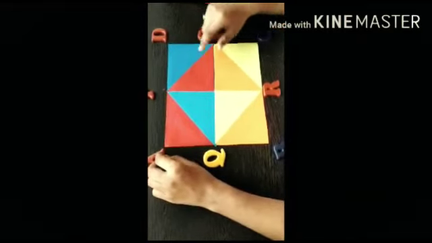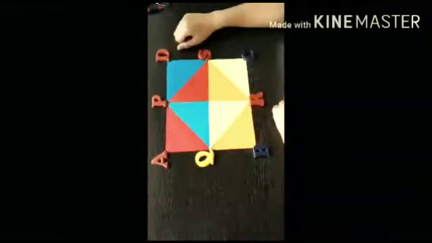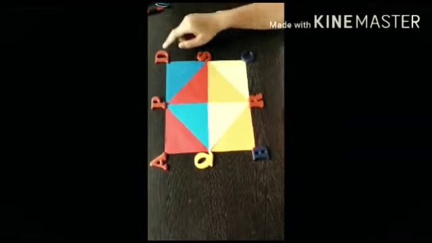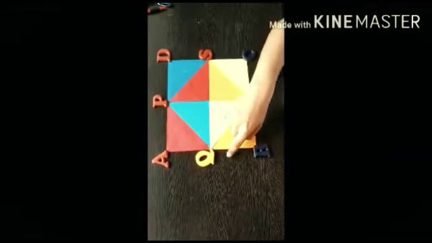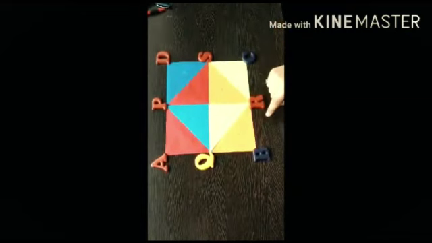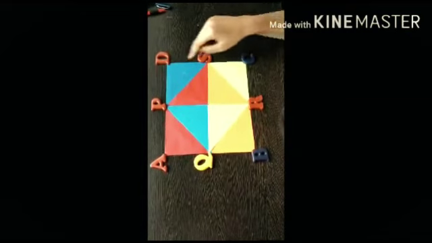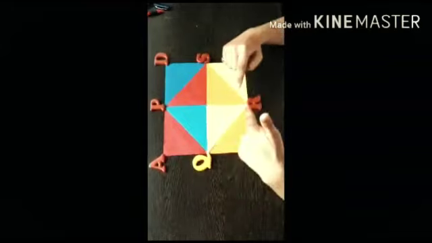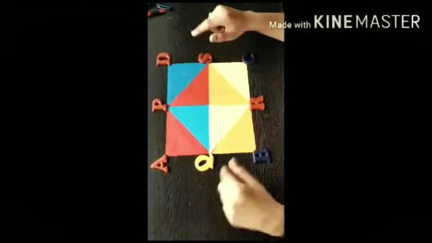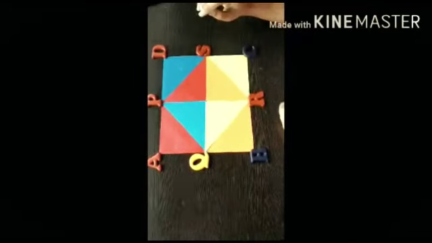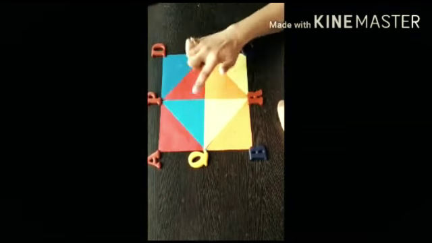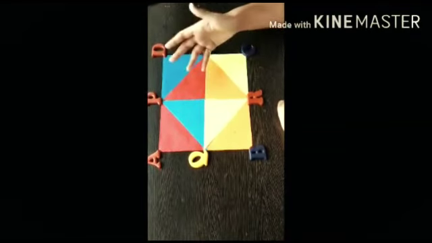We see that all 8 triangles form a rectangle. Since all triangles are congruent, so PQ is equal to QR, QR is equal to RS, RS is equal to PS. Since all sides are equal, PQRS is a rhombus. So the triangles 5, 6, 7 and 8 form a rhombus.